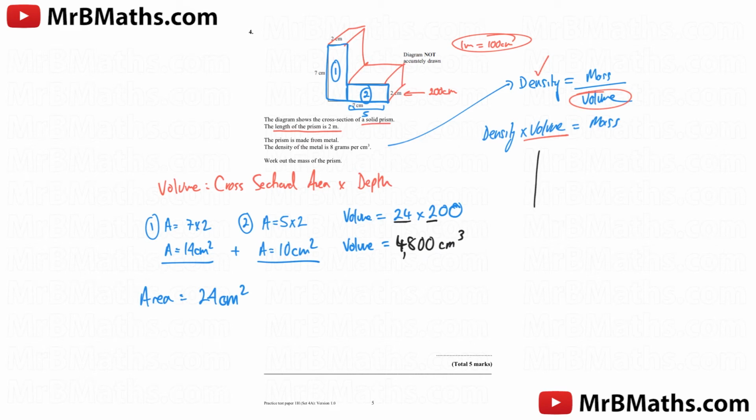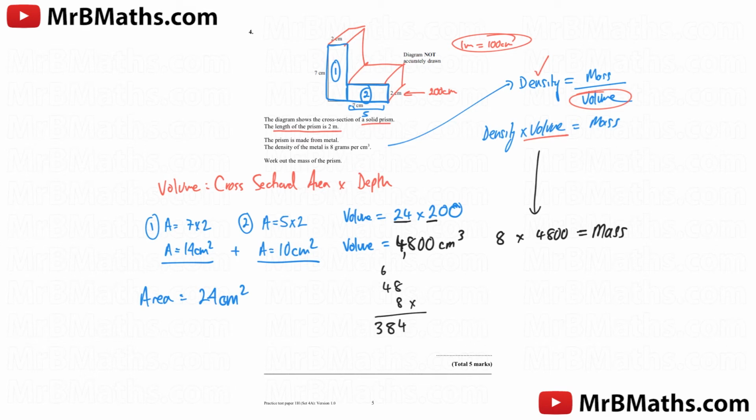Now we did this working out already, so all we need to do is substitute the numbers in. So we've got density, which is 8 times 4,800, and that equals the mass. So if I now do 48 times 8, 8 times 8 will give me 64, so I'll put 4 there and a 6 up here, and then 4 times 8 will give me 32, and 32 add 6 will give me 38.